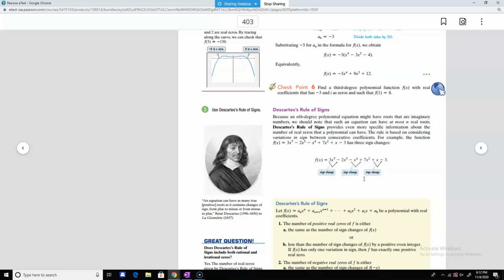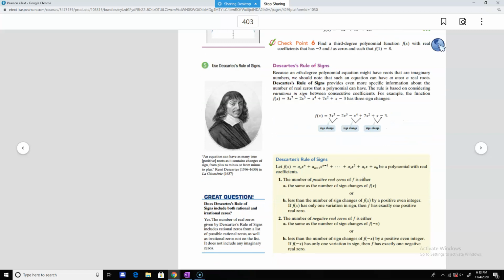Okay, so you count the number of sign changes, then it's however many less. So here's the rule. See, it's a very kind of hard rule to see. So the number of positive real zeros is either the same as the number of sign changes of f of x, or less than the number of sign changes of f of x by a positive even integer. See, I said it was an even multiple less. That's what I meant.